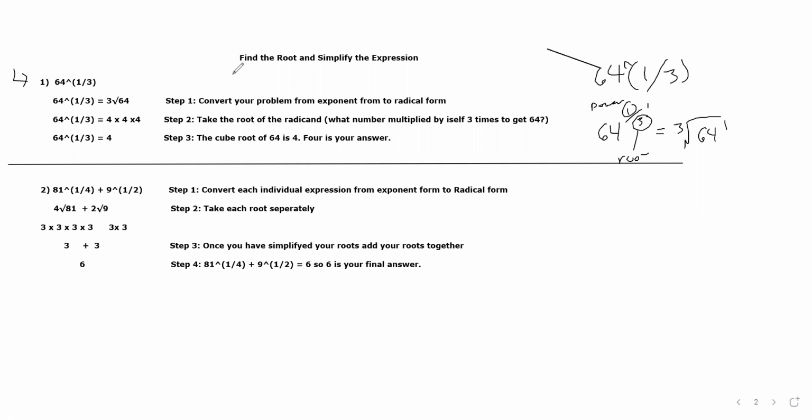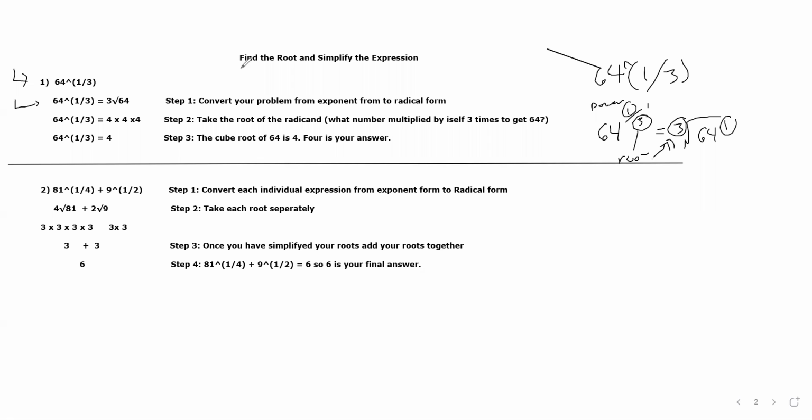And likewise, in the radical form, your root goes on the outside, and your power will be next to your base, your 64. That's what it means to convert from exponent to radical form. That's all I did. I show that in this step right here.